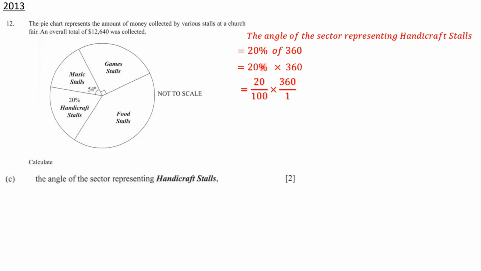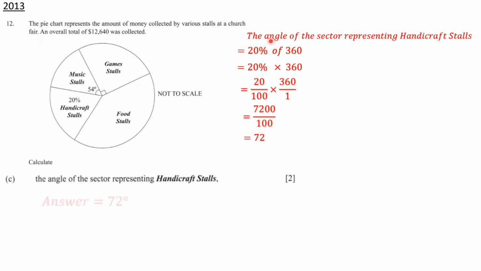We do 20 multiplied by 360, which is going to be 7,200. And then we do 100 times 1, which is 100. Then we divide. 7,200 divided by 100 is definitely 72. So the answer here is 72 degrees. We're still in degrees, 72 degrees. Okay, let's move on to the next question.